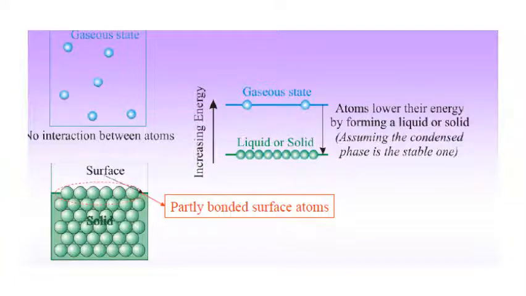In the case of gas, there is no interaction between atoms, and that is the reason the atoms are moving away from each other. But these atoms lose their energy and form a liquid or solid. As a matter of fact, they lower the energy, forming a solid or liquid.